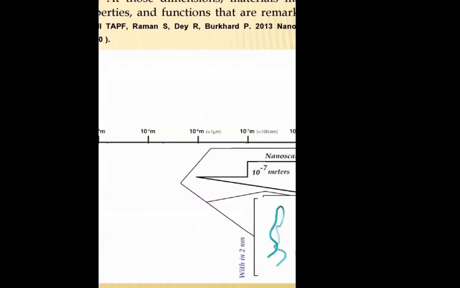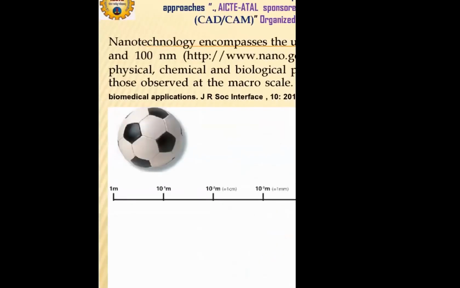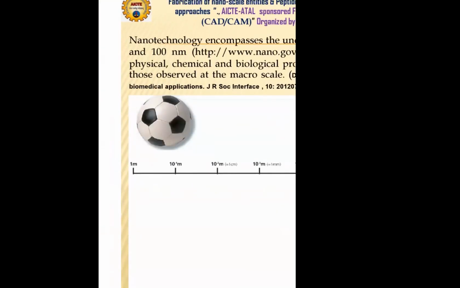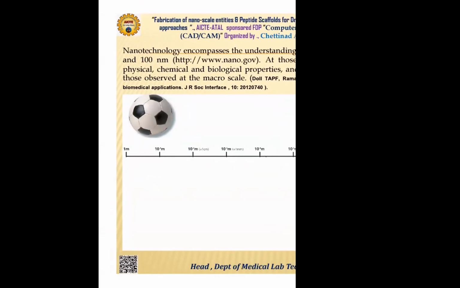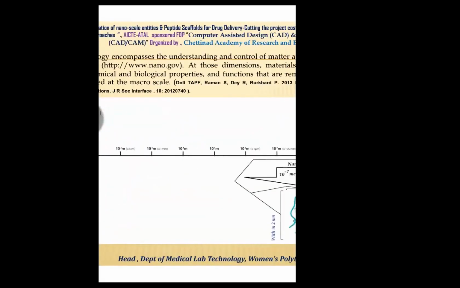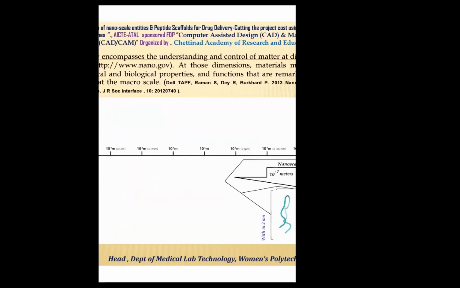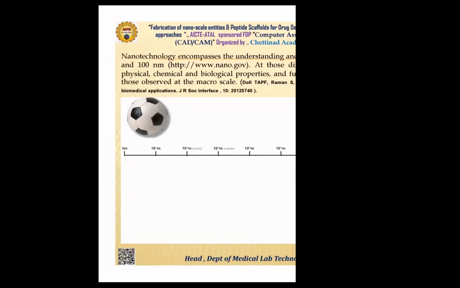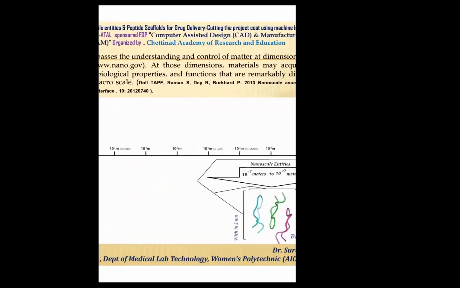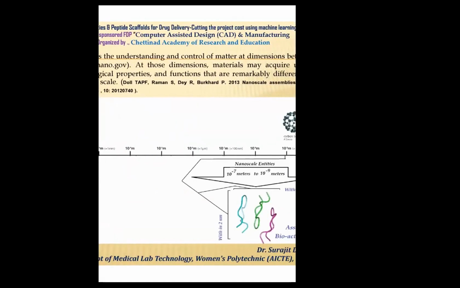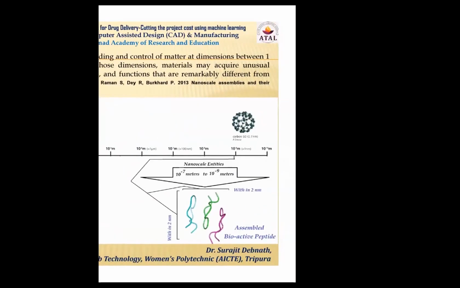When we talk about nanoscale entities, we are essentially saying that nanotechnology encompasses the understanding and control of matter at a dimension between 1 to 100 nanometers. At those dimensions, since the dimension is very particular, these entities acquire a different kind of property altogether.